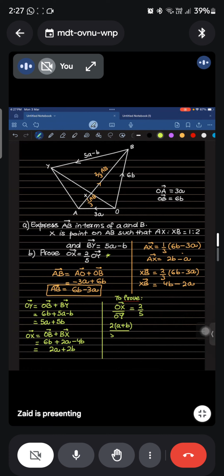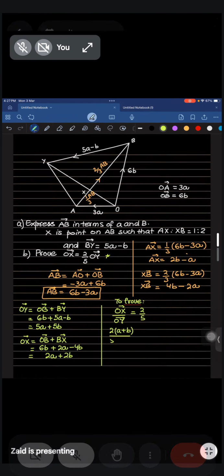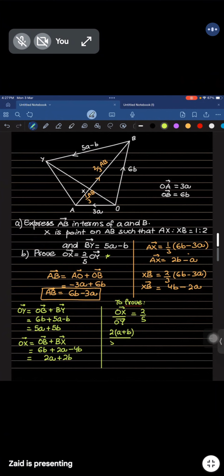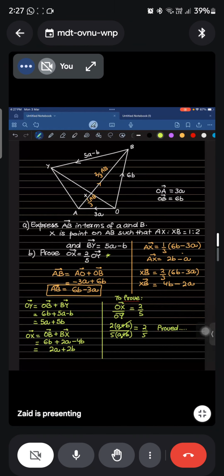Oh, yes. Proved. Bingo. We have to prove that OX upon OY equals 2 upon 5.